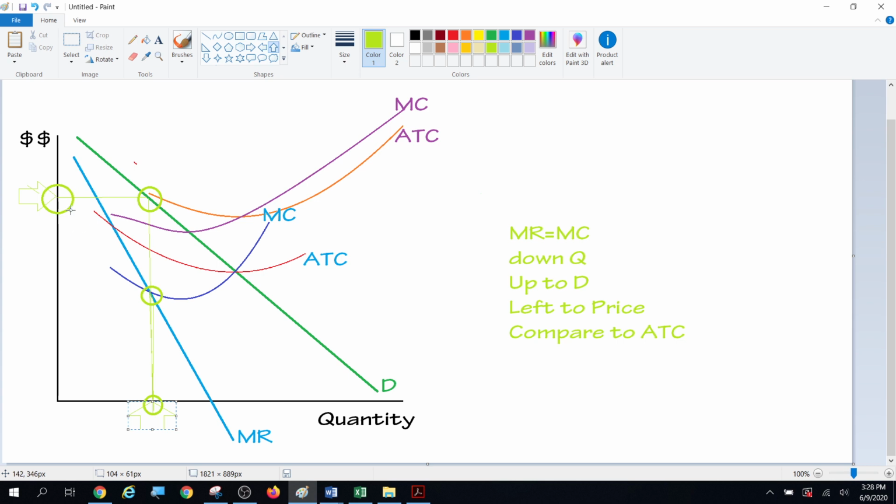And then if we wanted to see if there was a profit, we compare the cost, our average total cost of making that many. And that is found right here, where this vertical reference line that we created is right there. So that corresponds to this point right here. And that is our cost.